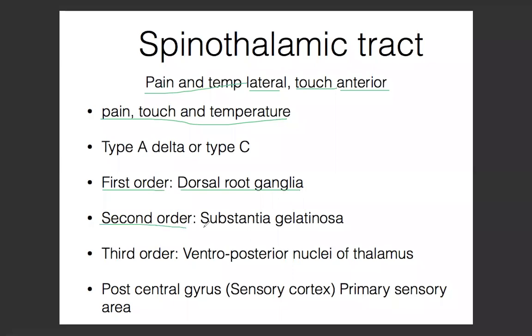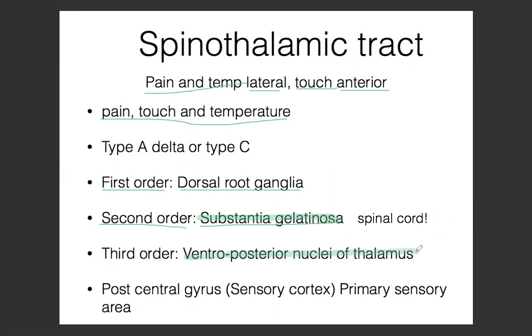But the second order is in the substantia gelatinosa. So this nucleus is called substantia gelatinosa, and substantia gelatinosa is found in the spinal cord. Okay, and then the third order is in the ventroposterior nuclei of the thalamus.